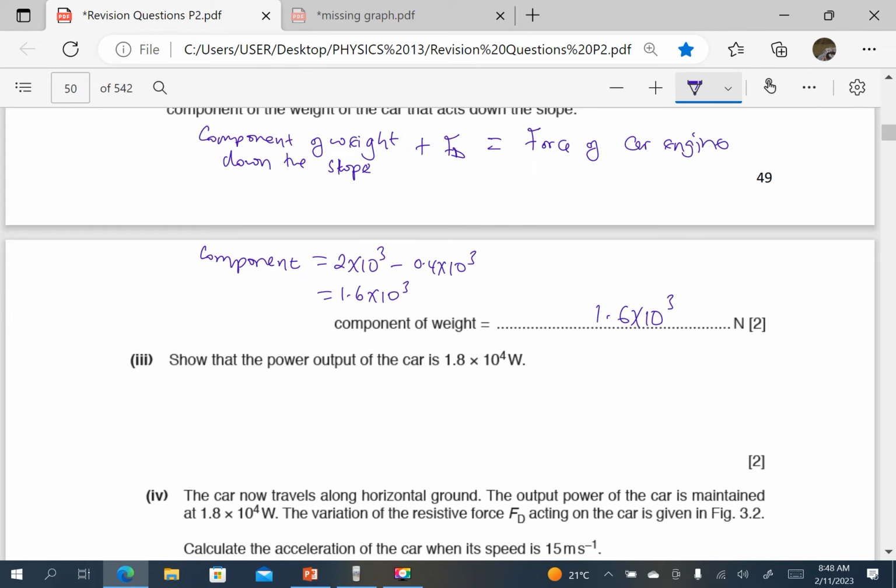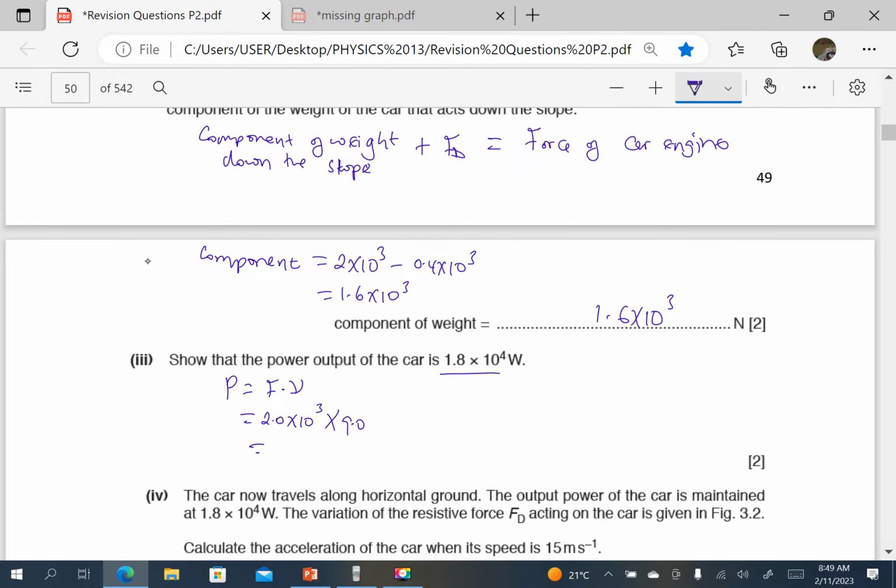Show that the power output of the car is 1.8 times 10 power 4 watts. We know that power is work done over time taken, which gives us force times velocity. So power is going to be the force of the car, which is 2.0 times 10 power 3, times the velocity, which is 9.